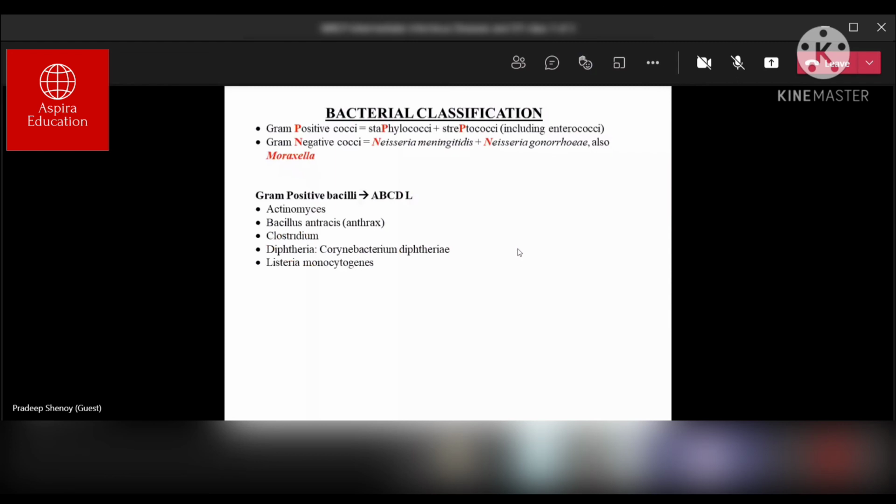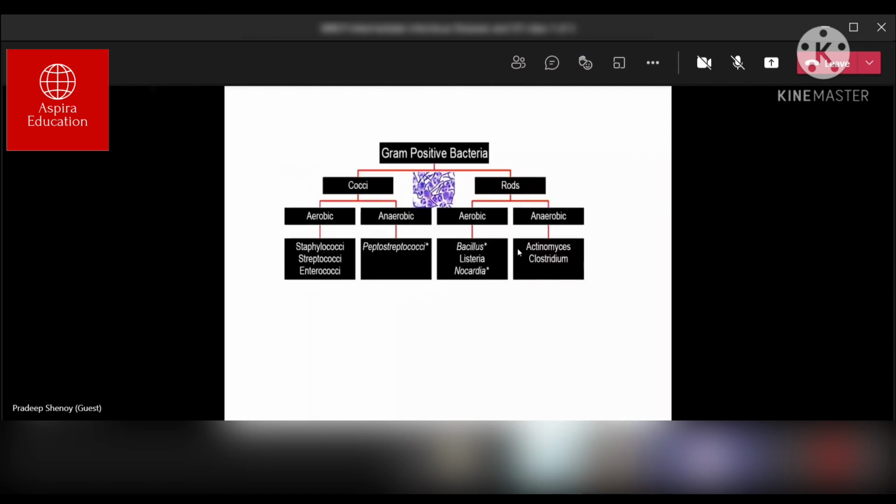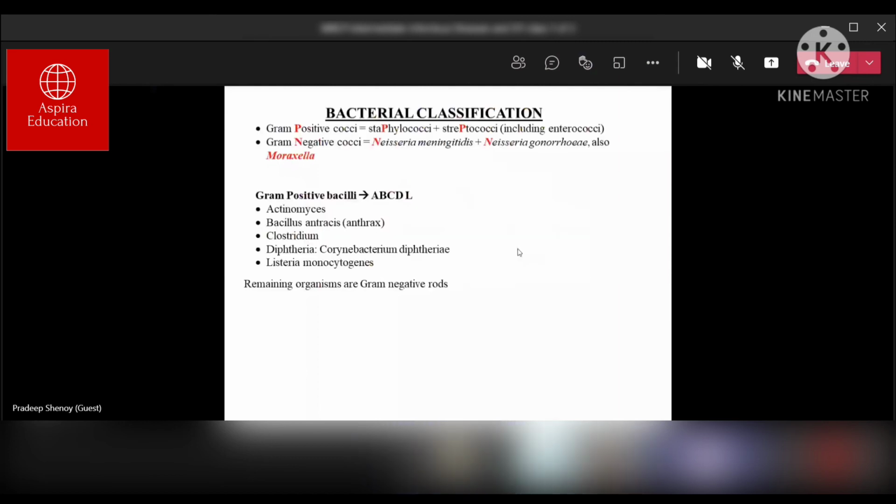From an exam point of view, you need to remember Listeria. Listeria is a classical gram-positive organism which is associated with meningitis in immunocompromised individuals. In the gram-negative rods, most of the organisms you come across are gram-negative bacilli, such as Salmonella, Shigella, E. coli. All are classically gram-negative organisms.